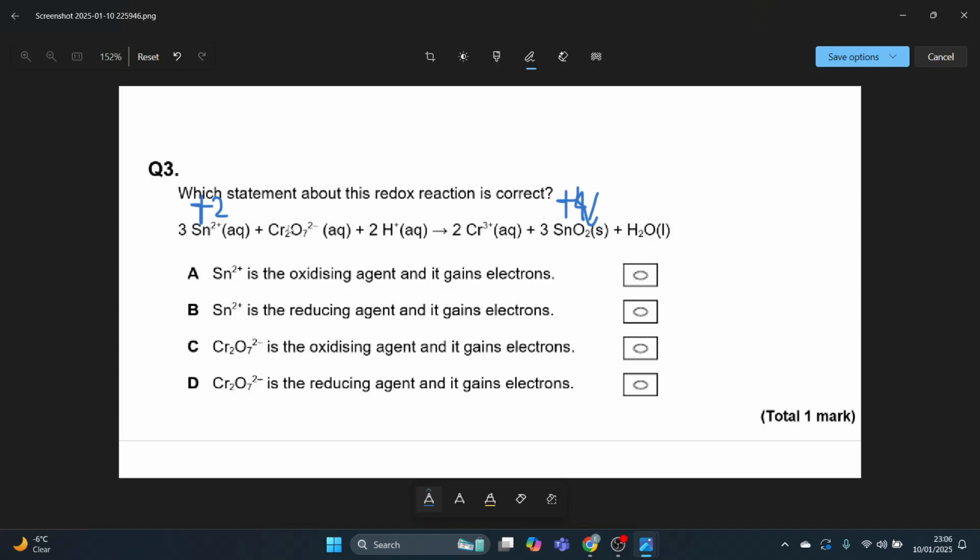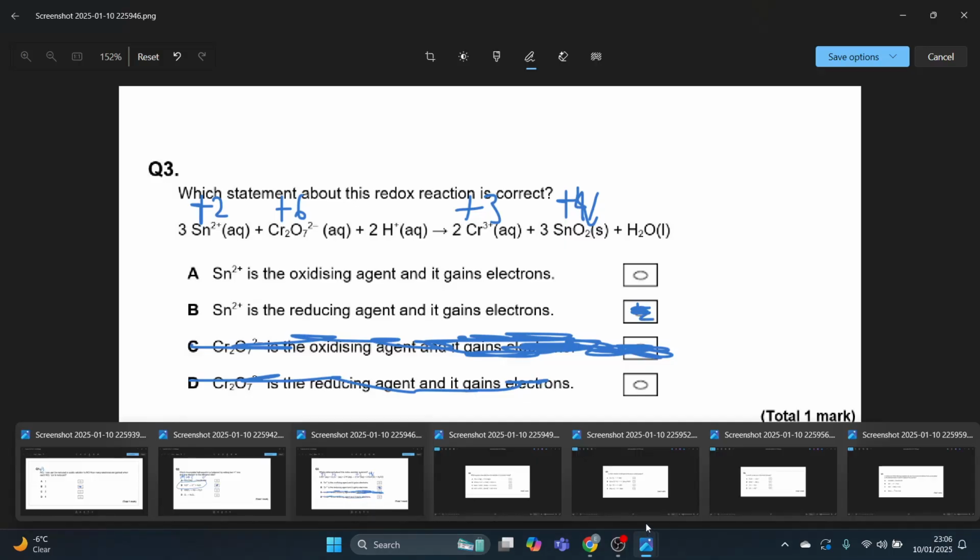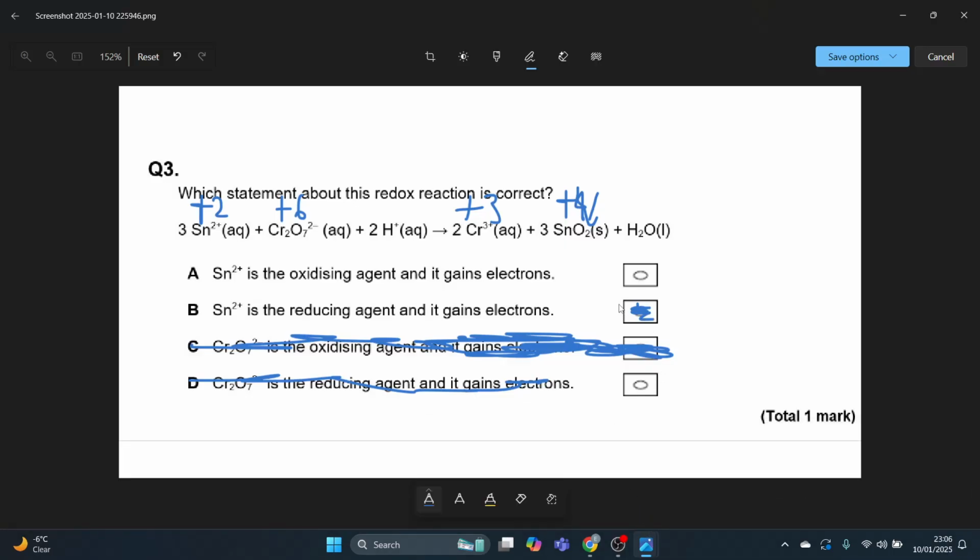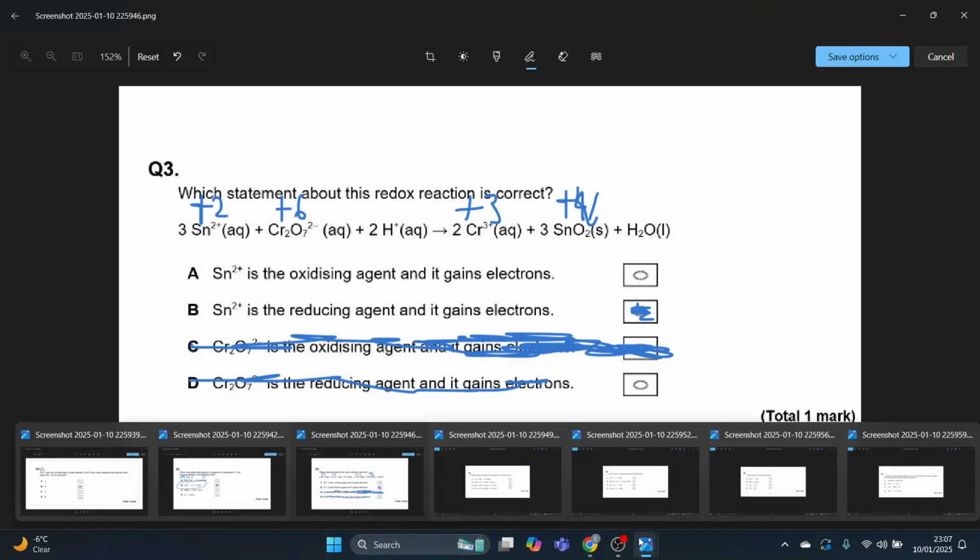Cr2O7 2- goes from +6 to +3, so it is the oxidizing agent and it gains electrons. Now, if it's an oxidizing agent, it would gain electrons. Sn2+ is the reducing agent and it loses electrons. So the answer is: Sn2+ is the reducing agent, and Cr2O7 2- is the oxidizing agent that gains electrons.